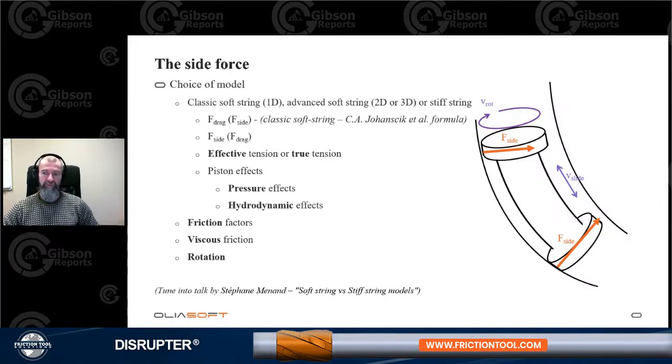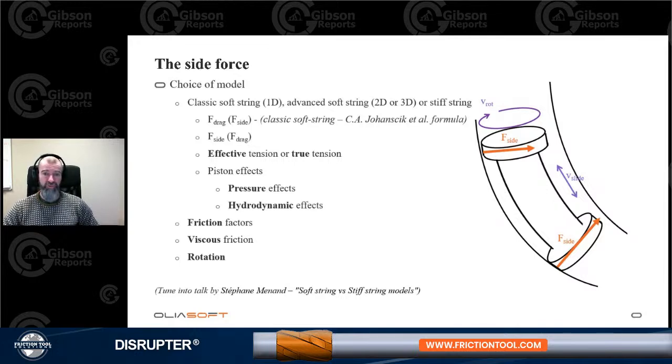You have to apply forces to bend it, and this is what stiff string tries to do. There are also other more advanced soft string models, but they are still soft string models. Compared to the Johansik one, they are so-called two-dimensional or three-dimensional analyses, while the classic Johansik one is one-dimensional.